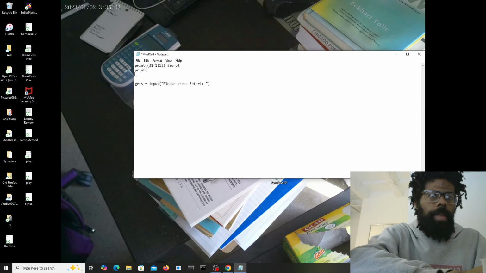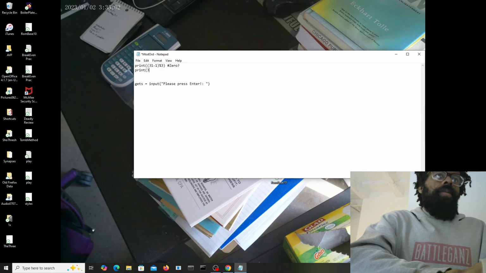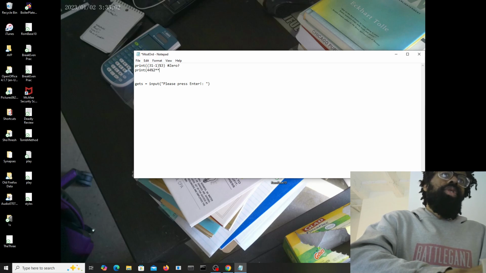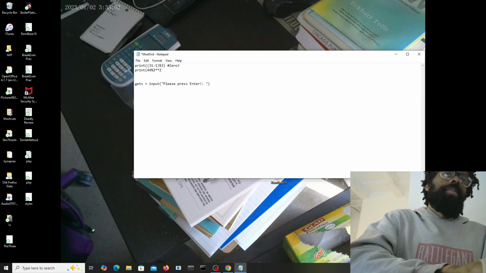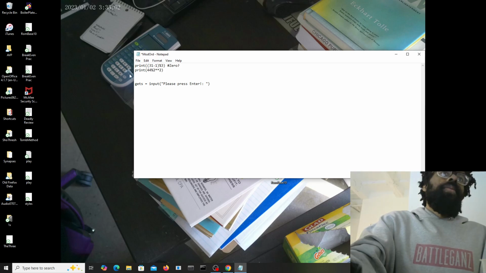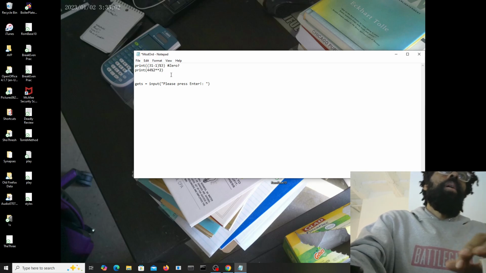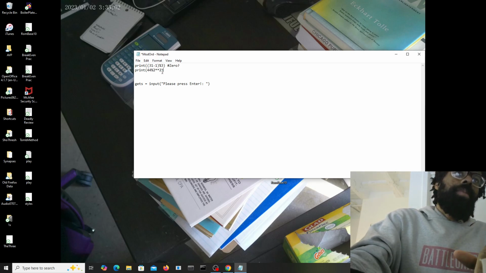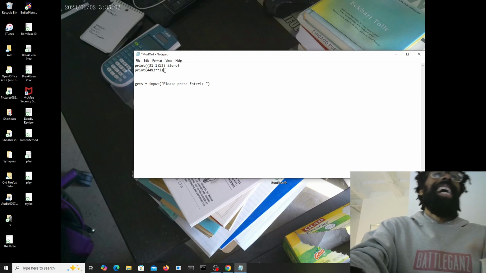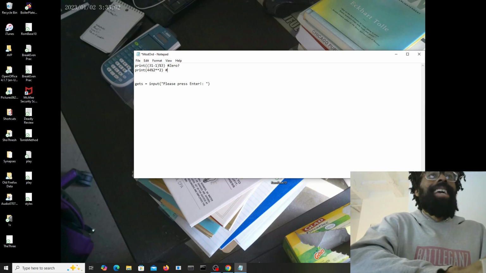Print 44 modulo 2 to the second power. So that should be, ironically, 0.